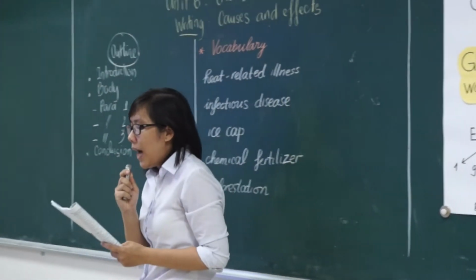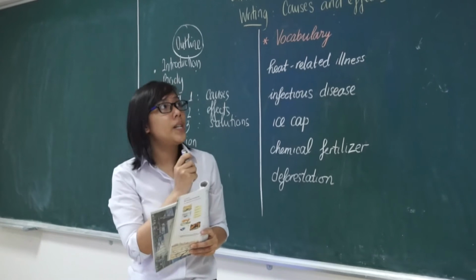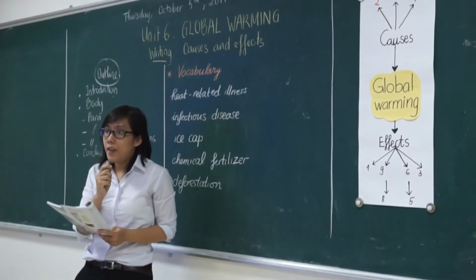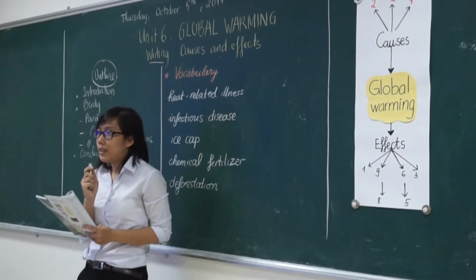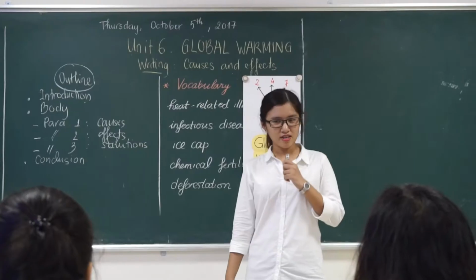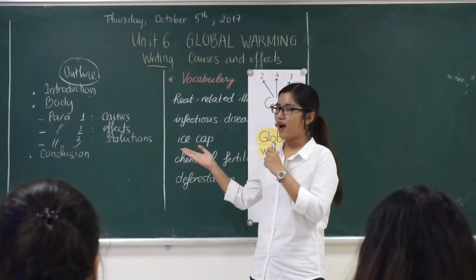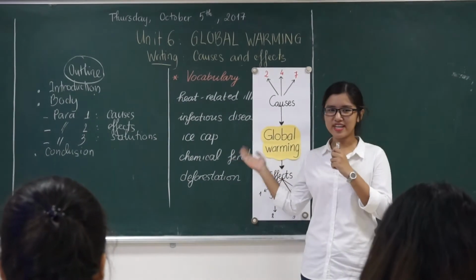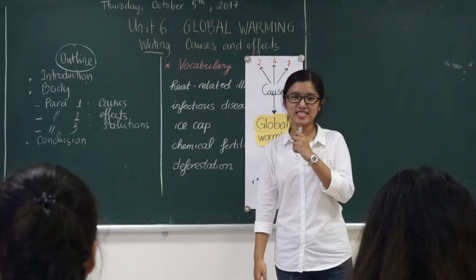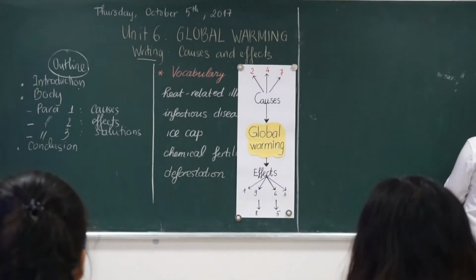No? So I believe that you have got some more useful information related to global warming after finishing task number 1. So we have learned about the outline, the vocabulary. Now I'm going to guide you step by step through how to write a detailed outline.